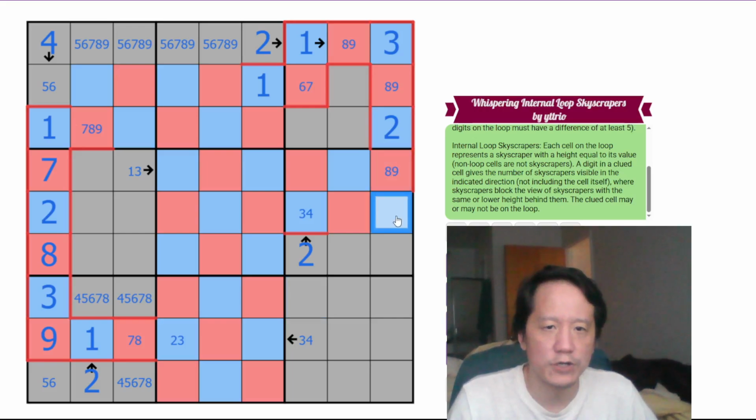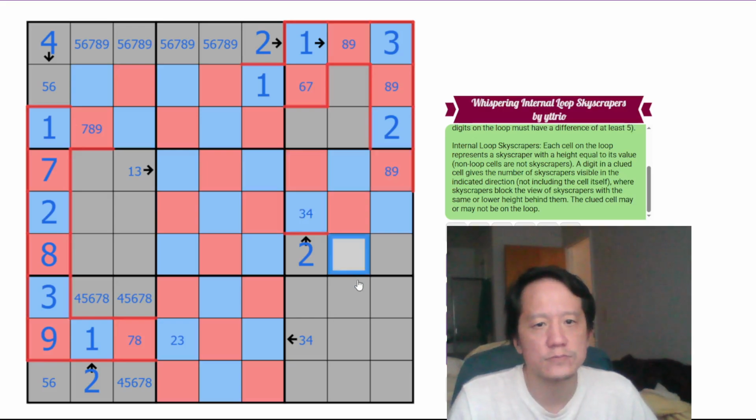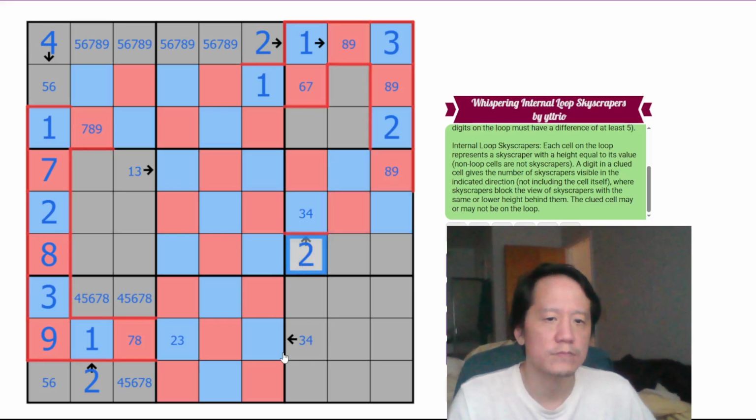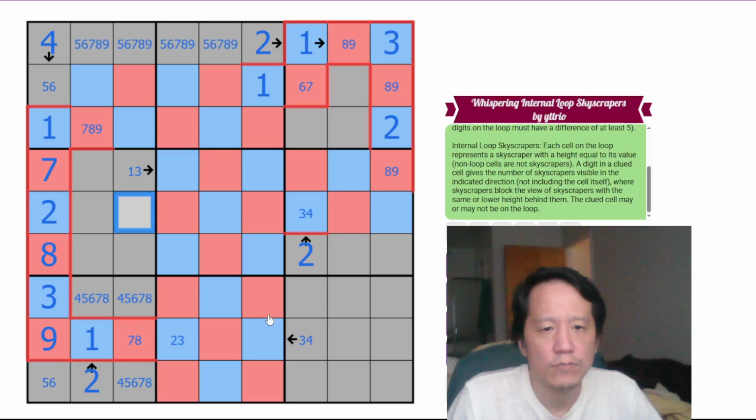So this is all ruled out. If we went 1 here, this would be 8 or 9 here. It could go this way. That's possible too. Could go this way, this way, this way. It could even go this way, actually.